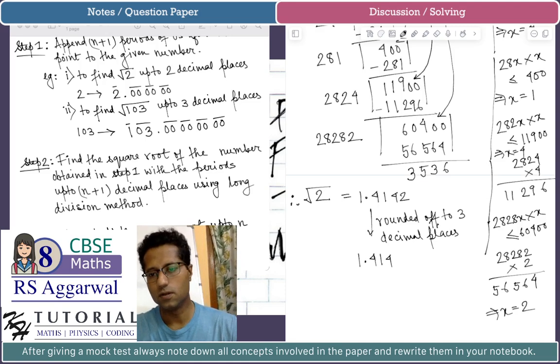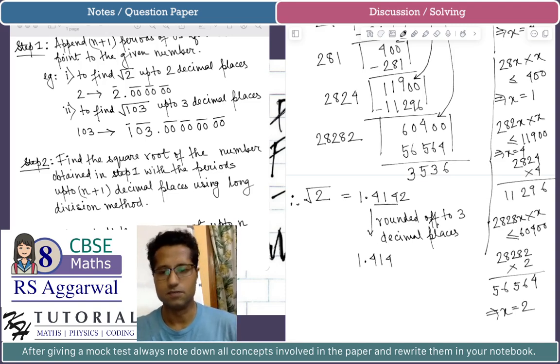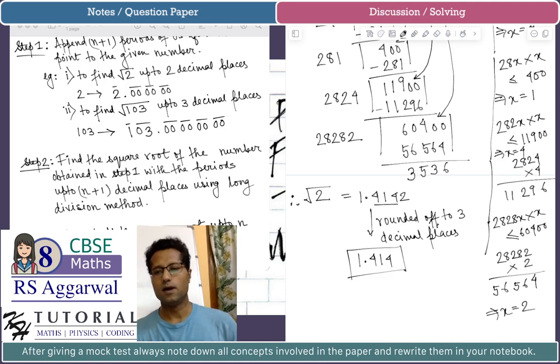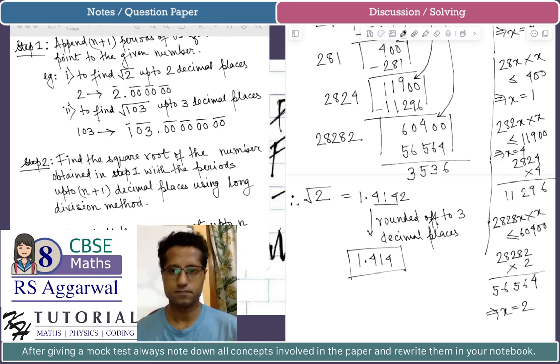So we take the first 3 digits after the decimal point. So 1.414 is the square root of 2 up to 3 decimal places.